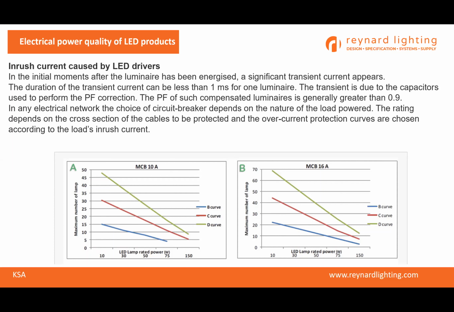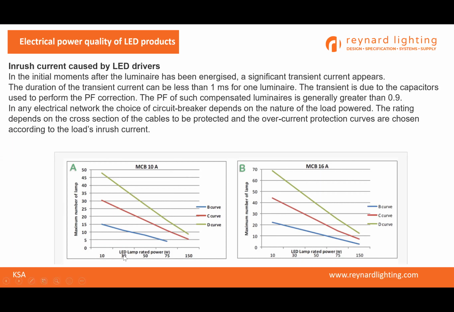And of course, each circuit will be connected to an MCB, main circuit breaker. So you, as an electrical designer, should request this information from the luminaire manufacturer, which gives you the maximum number of luminaires with a certain power.